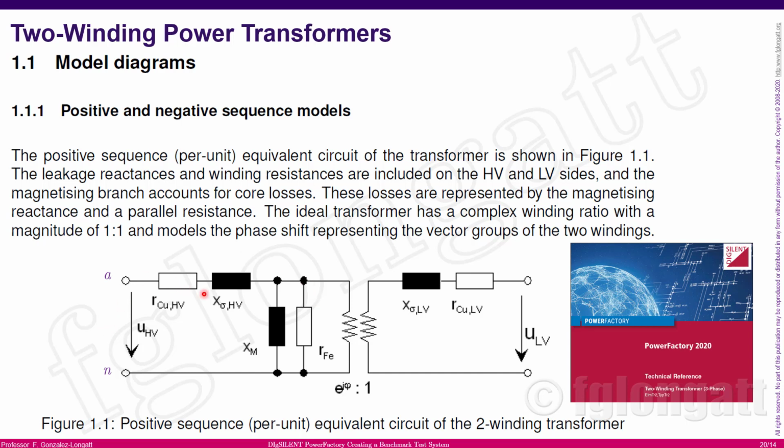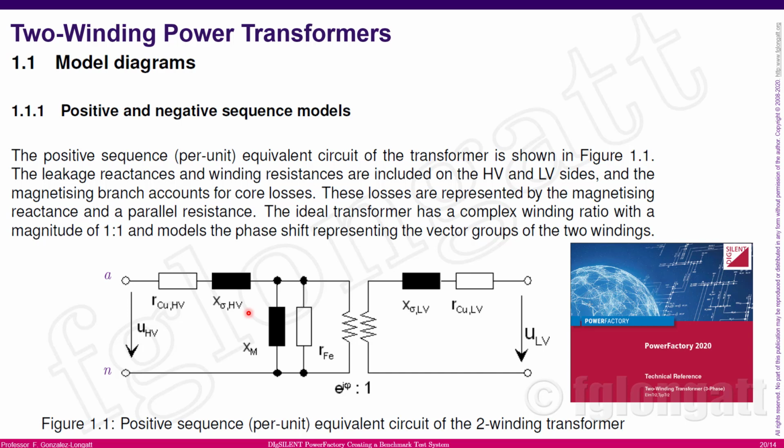You have resistance and inductive reactance on the high voltage side, and resistance and inductive reactance on the low voltage side, and that is basically the series impedance. And then we have the shunt branch, which represents some losses inside the transformer coming from the core and so on, okay?